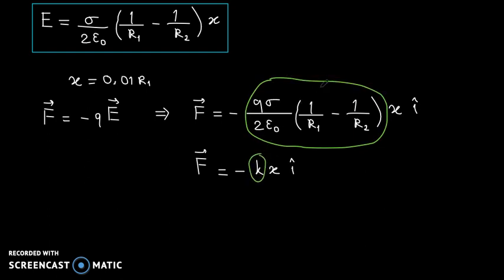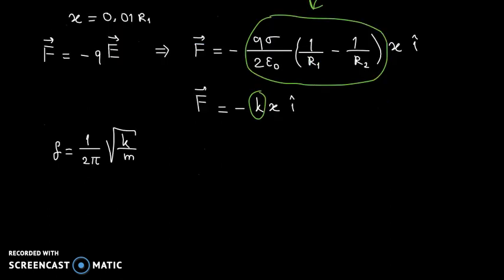So that whole thing that I circled here, this expression, acts like a spring constant for this system of uniformly charged, positively charged disk, and the negatively charged particle oscillating up and down near the center of the disk.